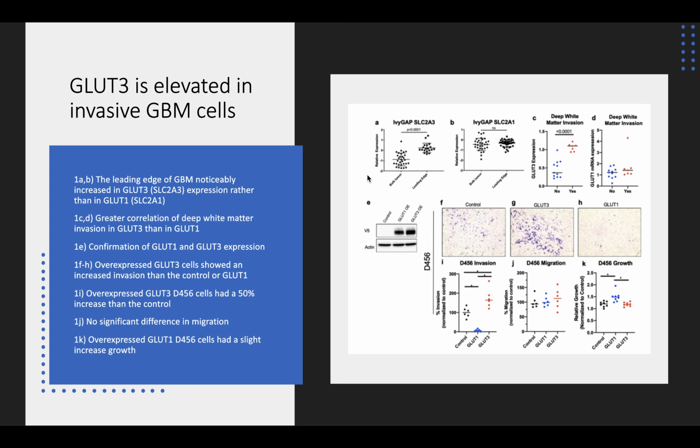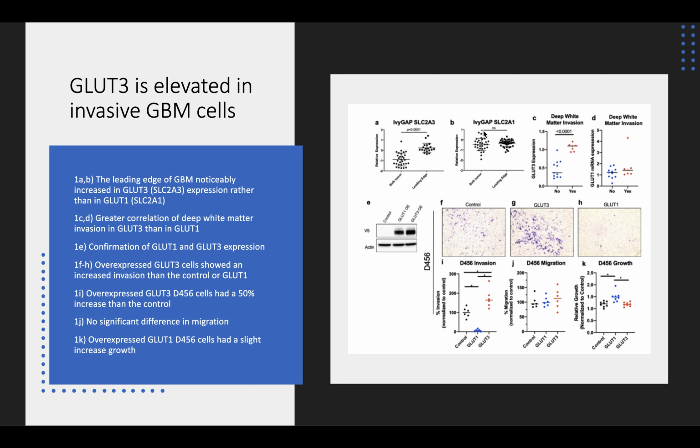So as one may notice, in figure 1A, the x-axis represents the bulk tumor and the leading edge. And this is as it pertains to SLC2A3, which is also GLUT3. And then on the y-axis, one may notice a relative expression.